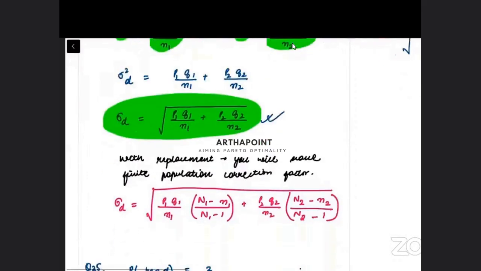But because it is with replacement, without replacement, we will go ahead and use something which is known as a finite population correction factor. So in finite population correction factor, we will have this factor: N1 minus n by N1 minus 1, N2 minus n2 by N2 minus 1.